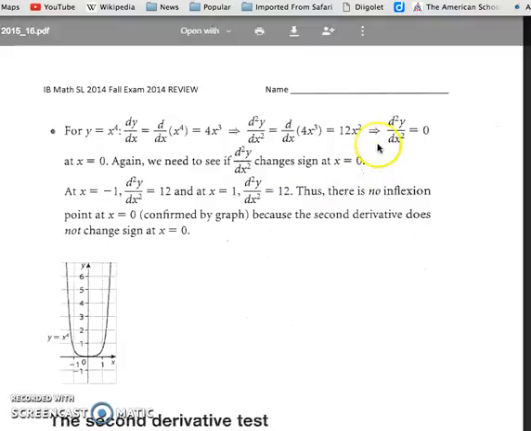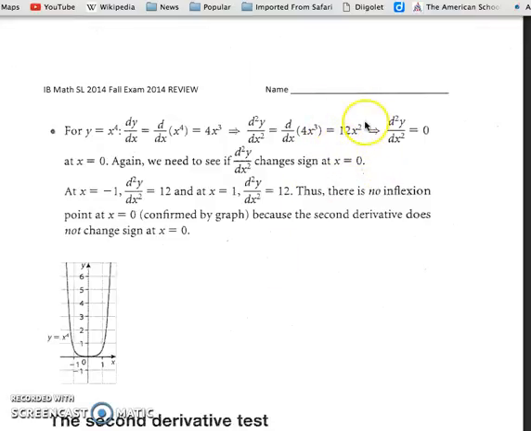Okay, so again, second derivative is 12x squared. When x is negative 1, the second derivative is negative 1 quantity squared, 1 times 12, 12. That's a positive number. Okay, and again, negative 1 is on the left side of 0. Go on the right side of 0, when x is 1, the second derivative, as you can see, is also 12.